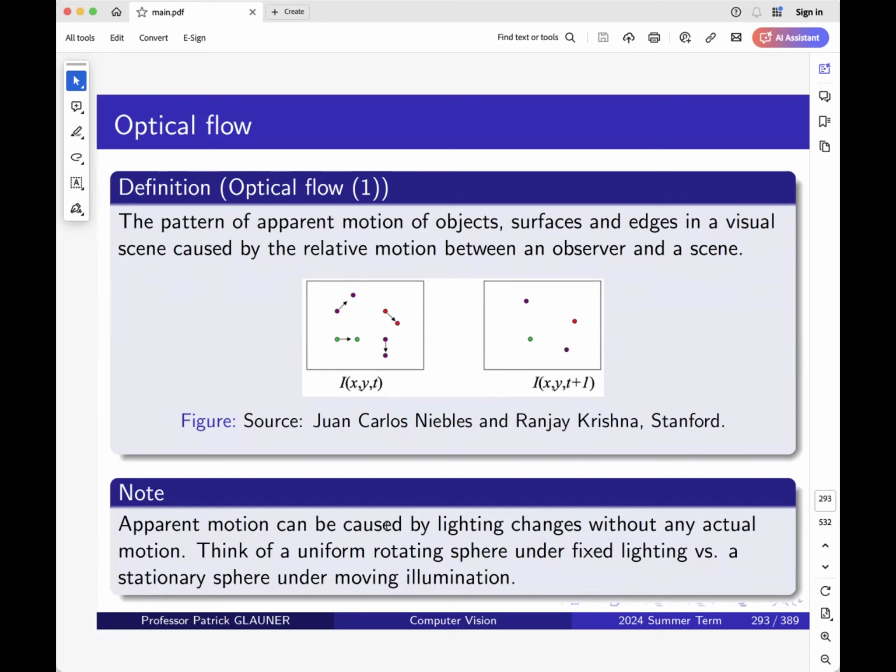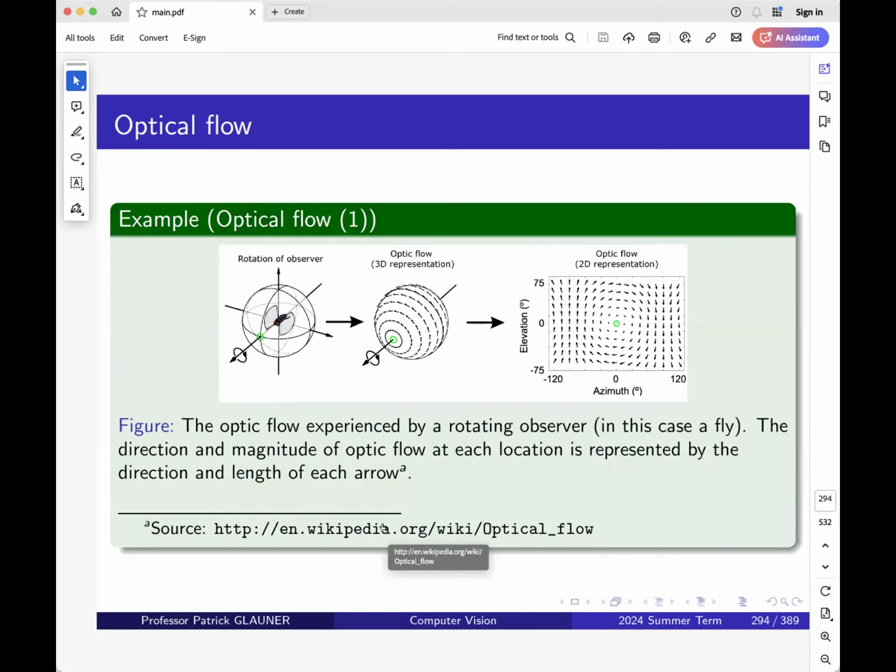Apparent motion can also be caused by lighting changes without any actual motion, but this is something you can think about, and maybe we'll discuss it briefly now. Imagine you have a rotating observer, something that is moving around an object, in this case a fly.